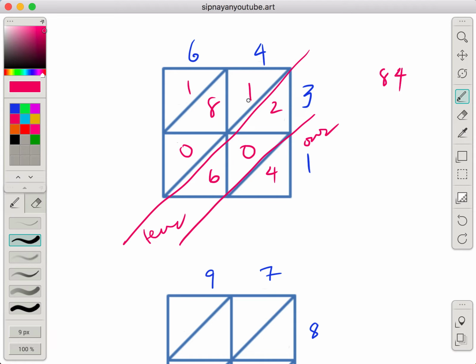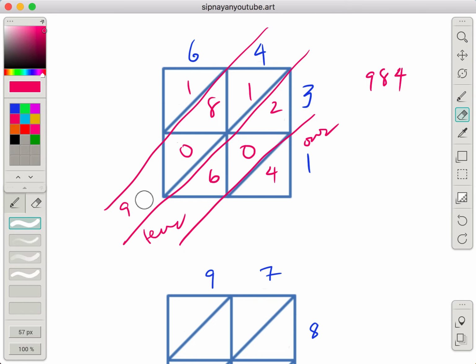And then 8 plus 1. This is 9, our hundreds place. And this is the thousand place. This is hundreds. So 9 siya. And lastly, our thousands place is 1.